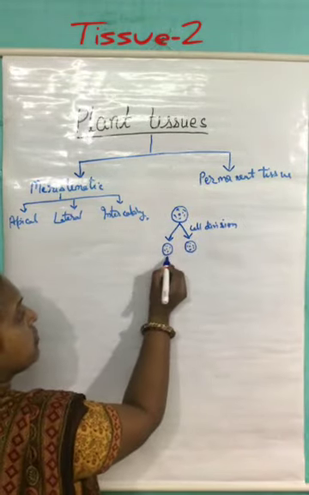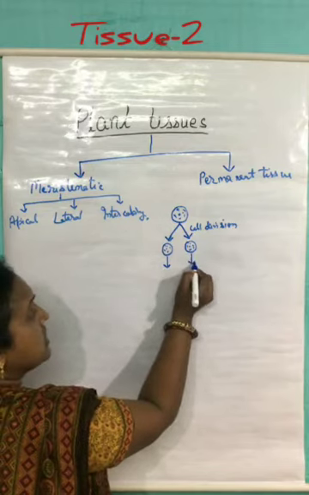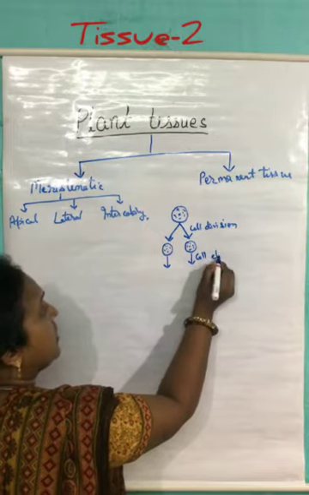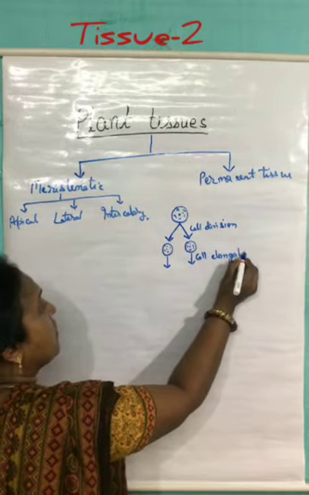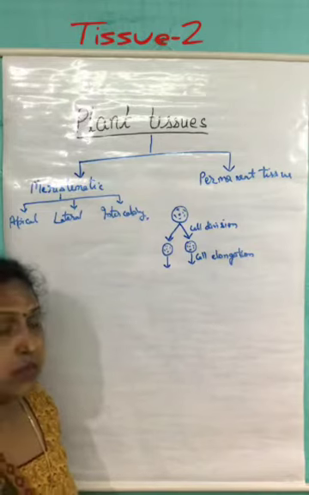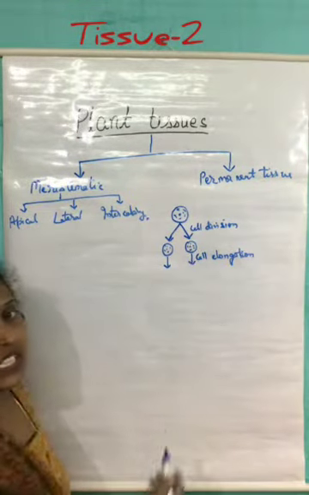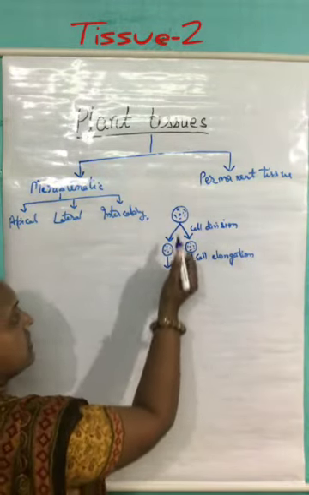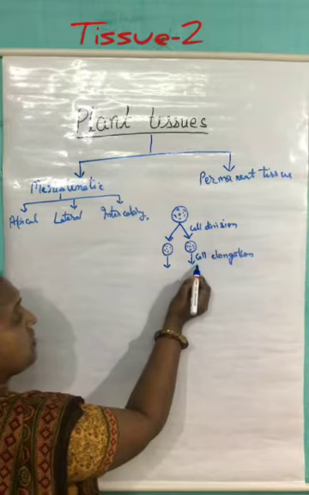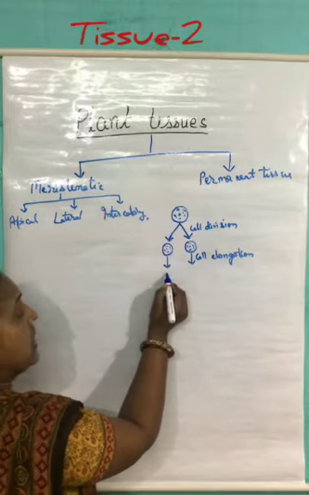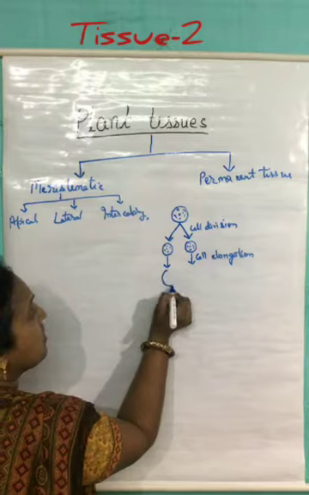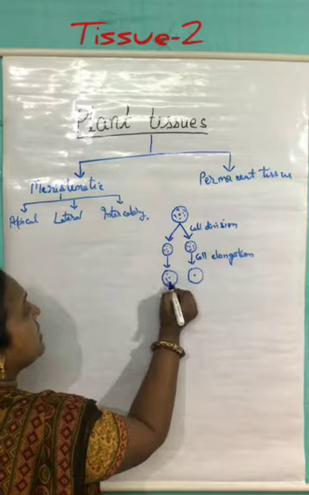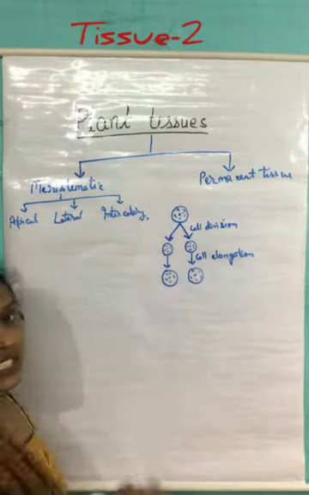The next step is that these cells will undergo cell elongation. Cell elongation is the step during which a newly formed cell starts growing, develops its size and attains the size of the mature cell. After cell elongation, the cytoplasmic content and the size of the cell increase, and finally these cells grow and attain the size of their parental cell.